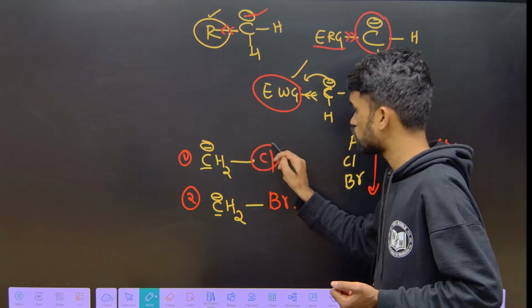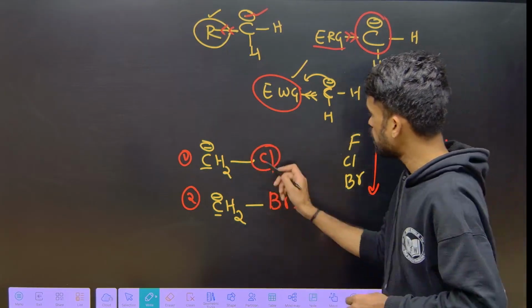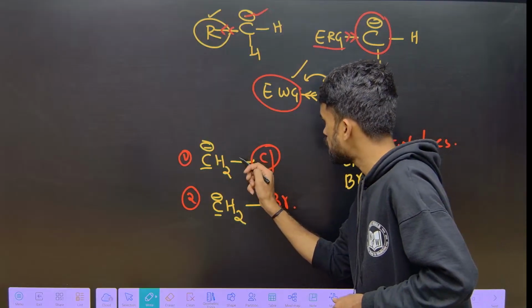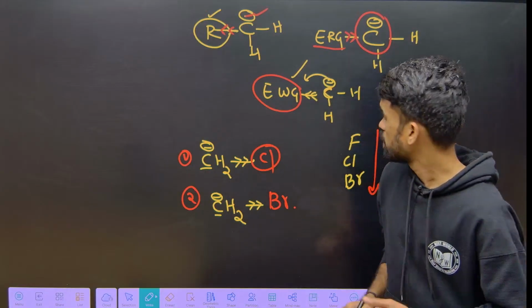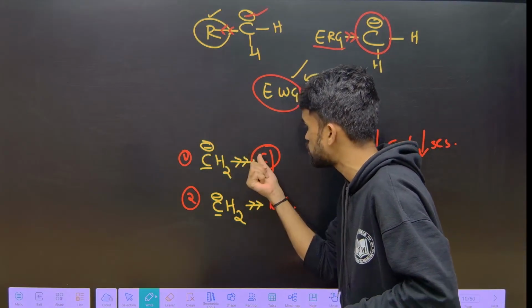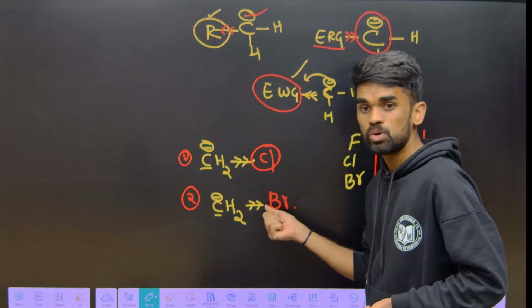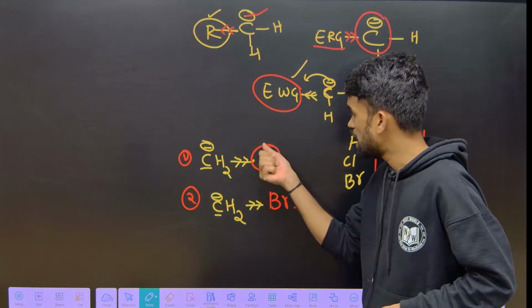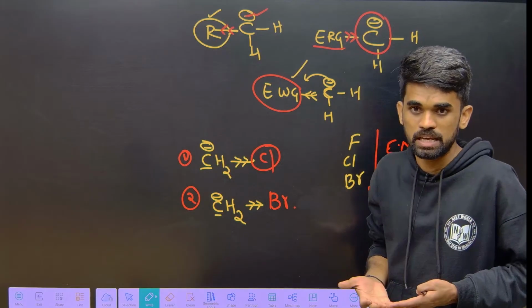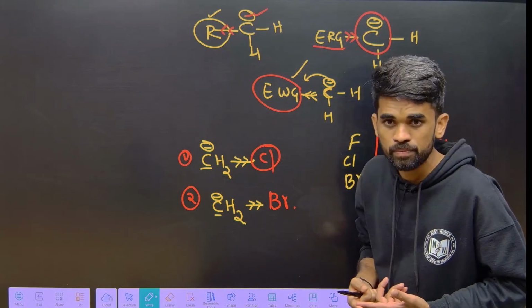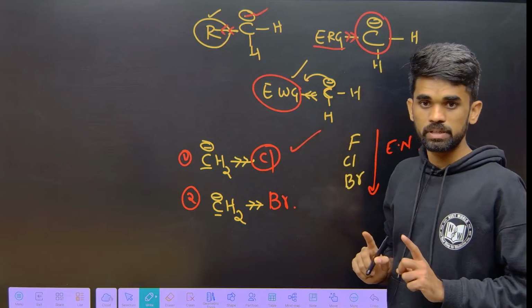Chlorine is more electronegative than bromine. If it is more electronegative, the bonded electrons are taken towards the electronegative atom. Which one is taking these electrons effectively? The electronegative atom will drag the negatively charged electrons towards itself more easily. So which is more stable? This one. Is that clear?